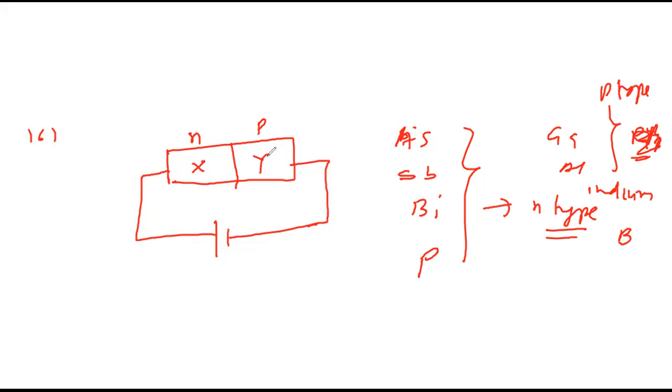Now this is N, this is P, and connected as shown. So X is N type, Y is P type, and the junction is which biased?